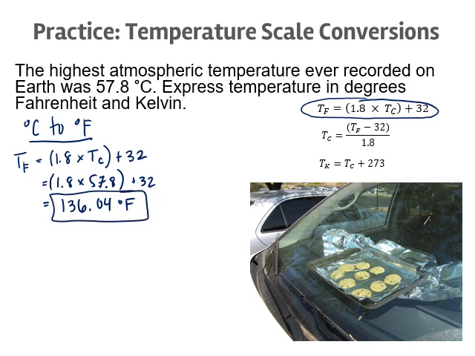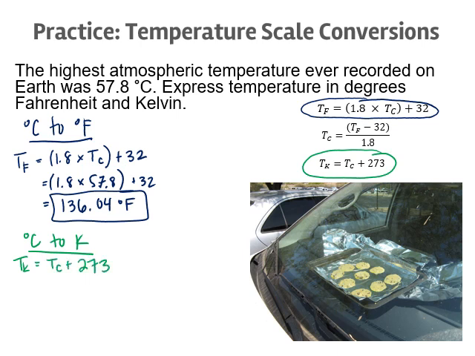The next thing that it asks us is to calculate Celsius into Kelvin. So next, degrees Celsius to Kelvin. I need to use this bottom equation right here. I'm trying to find Kelvin. In terms of the formula, that's going to be temperature Kelvin equals T sub C plus 273.